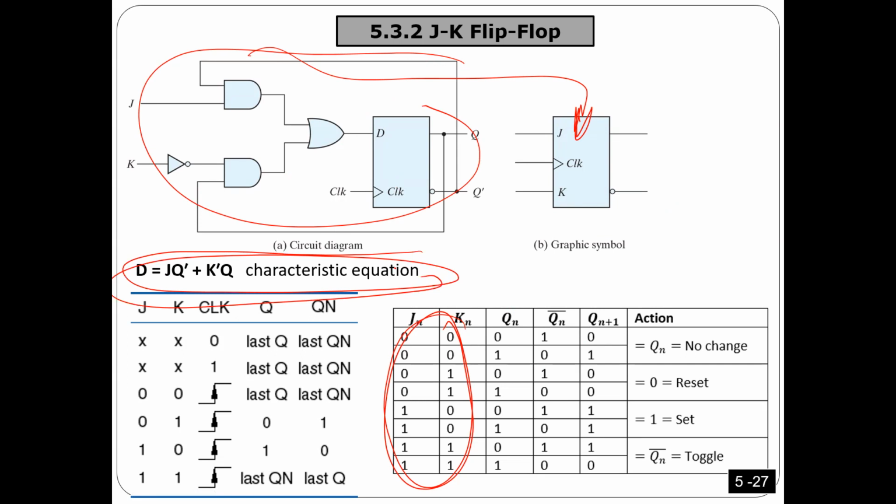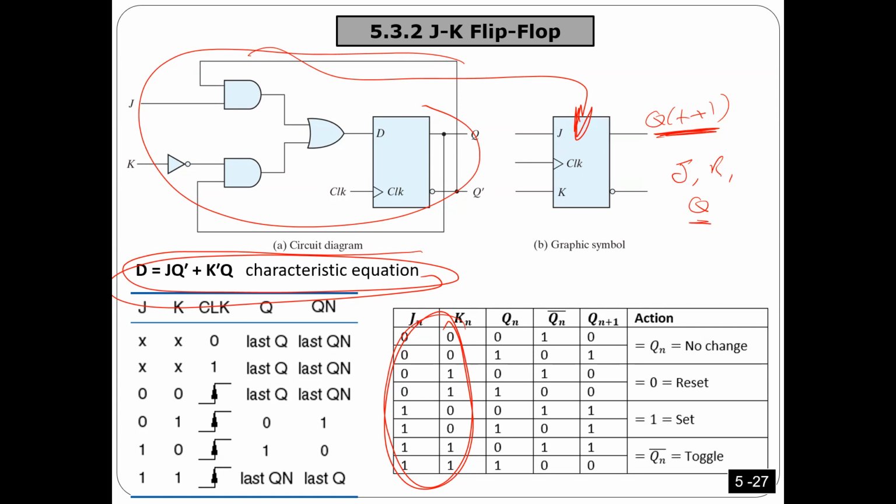This equation should give you the relation between Q of T plus 1 and the two inputs, J and K, and the current state, which is Q. So the new output, where D is equal to Q, is the same.